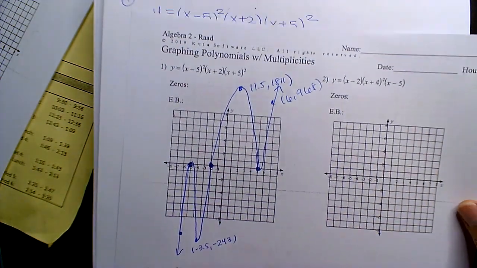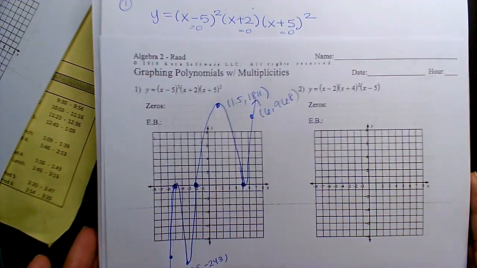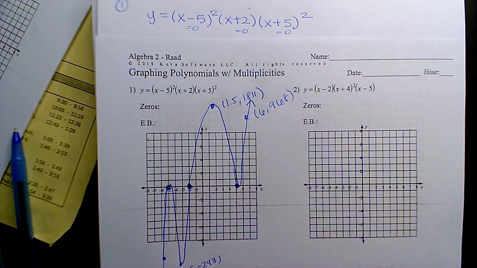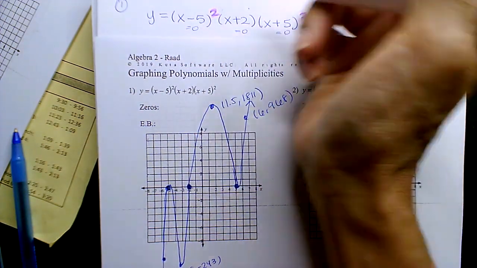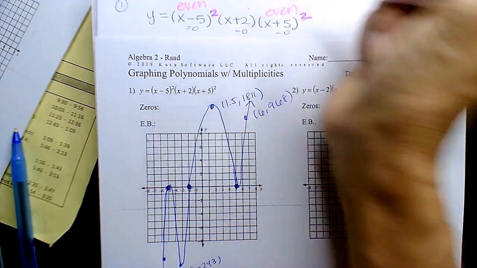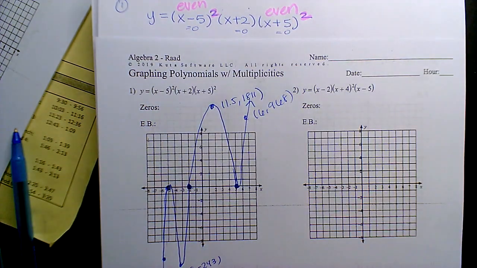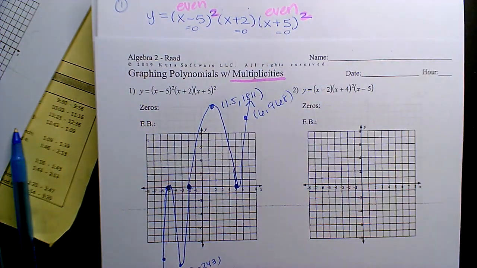This is the part we kind of want to focus on. You see how this is a square and a square? See how this is an even exponent? This is what multiplicity talks about.